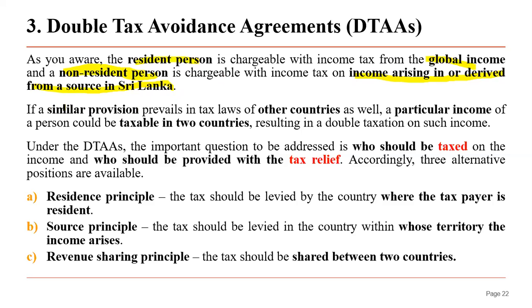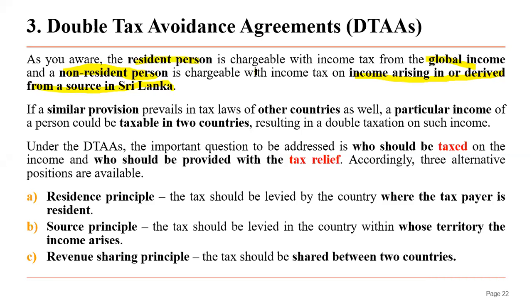So, if a similar provision prevails in the tax laws of other countries as well, then just assume a case where the resident person is subject to tax as a resident company in that country, as well as if he becomes a resident here.